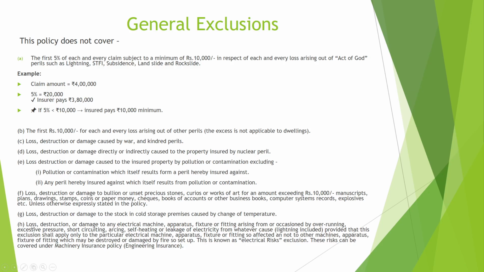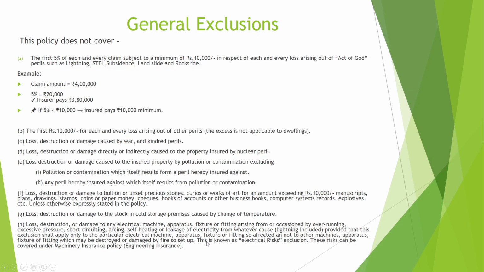Next, point H is loss, destruction or damage to any electrical machine, apparatus, fixture or fitting arising from, or occasioned by, overrunning, excessive pressure, short circuiting, arcing, self-heating or leakage of electricity from whatever cause, lightning included, provided that this exclusion shall apply only to the particular electrical machine, apparatus, fixture or fitting so affected, and not to other machines, apparatus, fixtures or fittings which may be destroyed or damaged by fire.